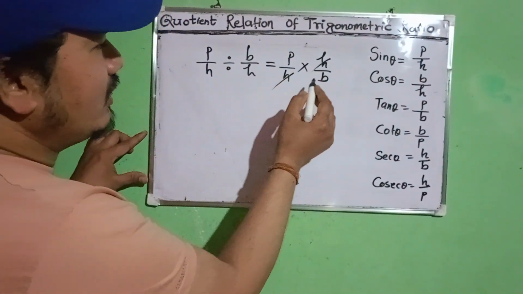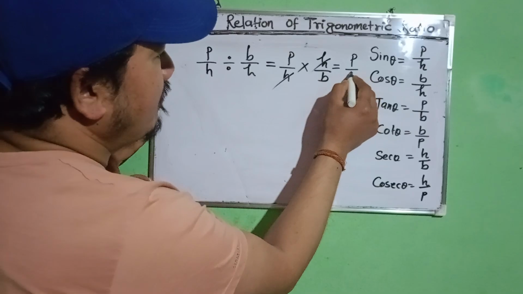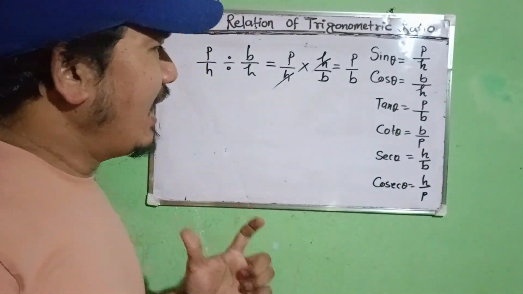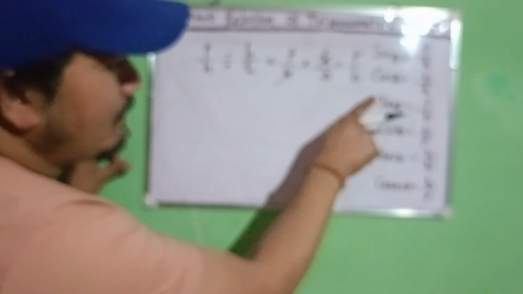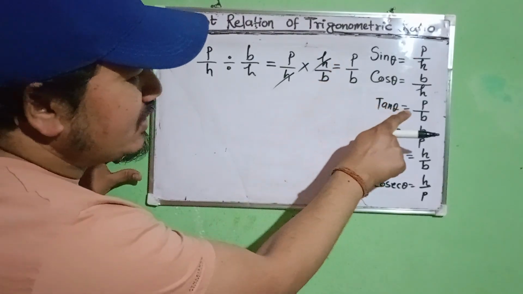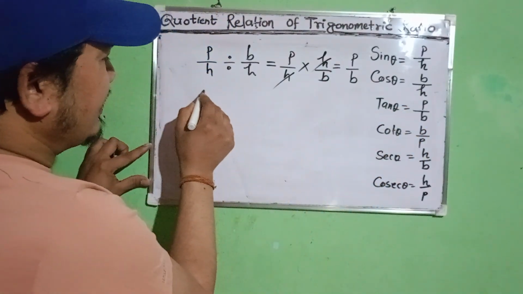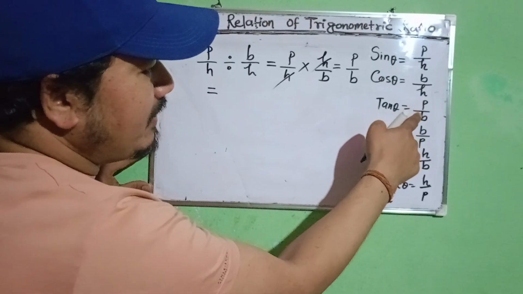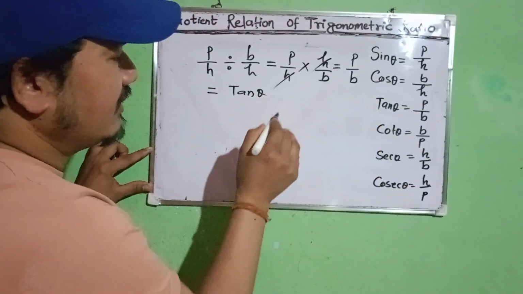And what is remaining, student? Perpendicular by base remains. This perpendicular by base ratio is tan theta, so in place of it we can write tan theta.